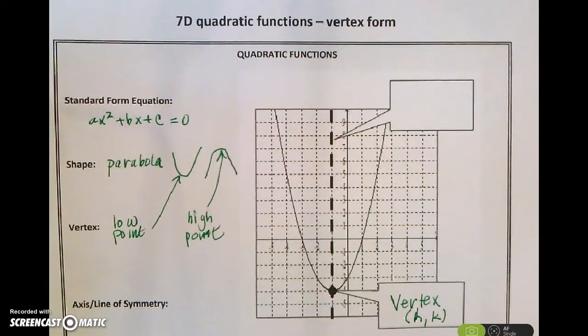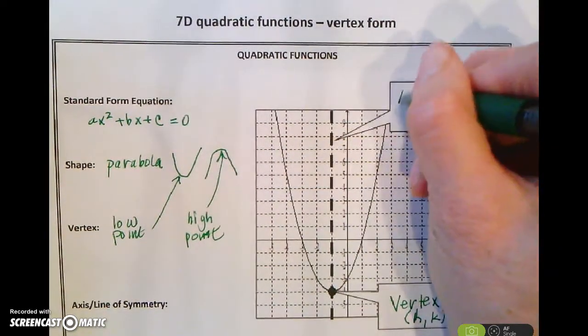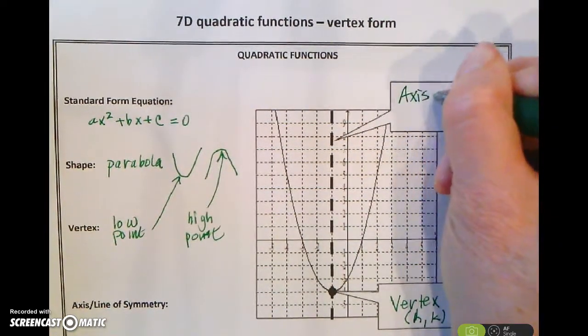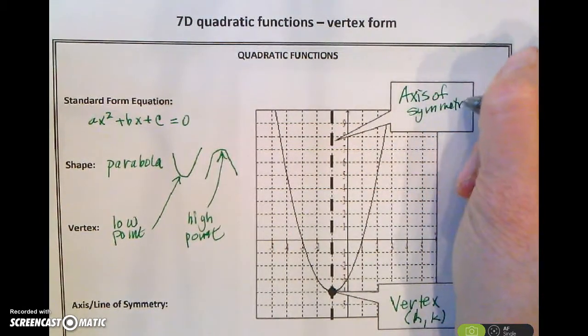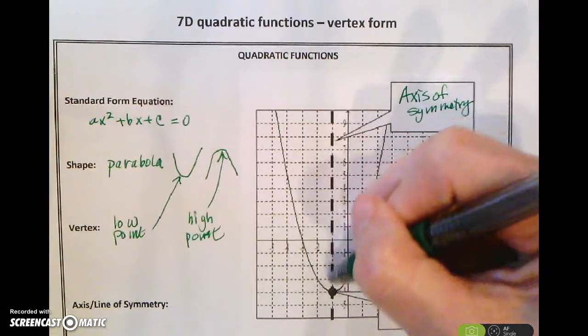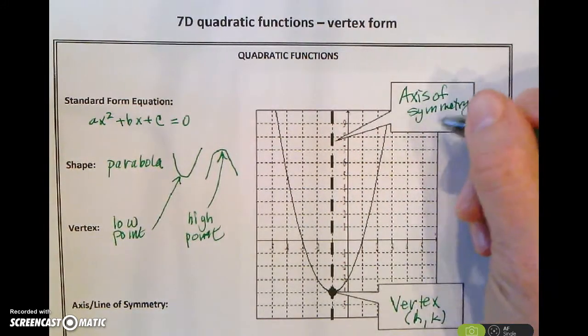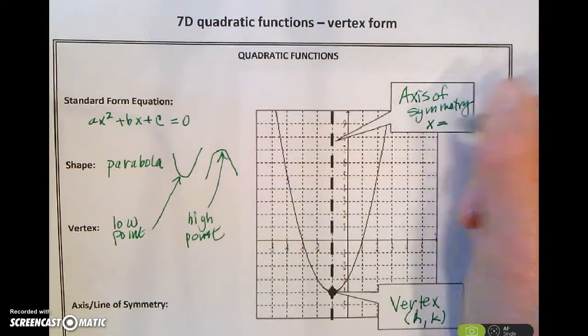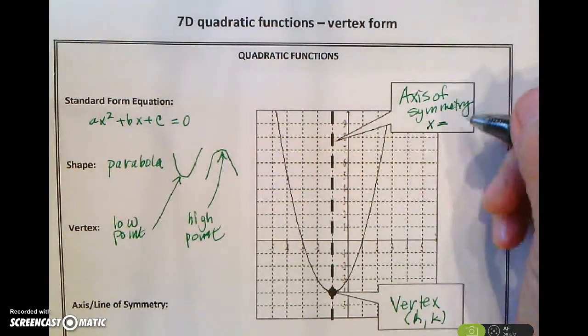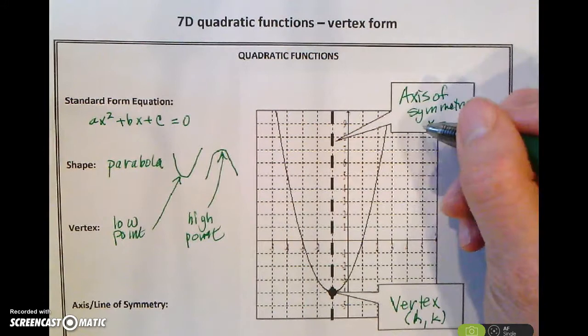The axis or line of symmetry is here. So this is the axis of symmetry, and it's this line right here. It's a vertical line, and recall that vertical lines are always x equals something. So vertical goes with an x.